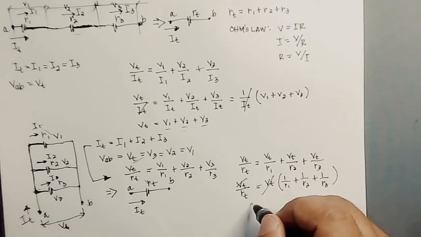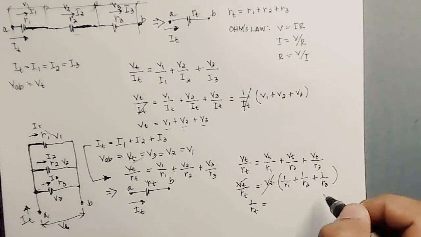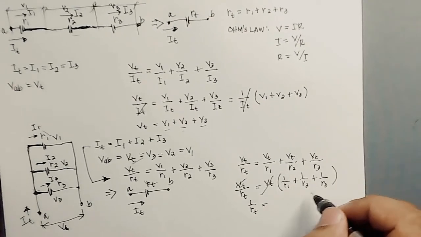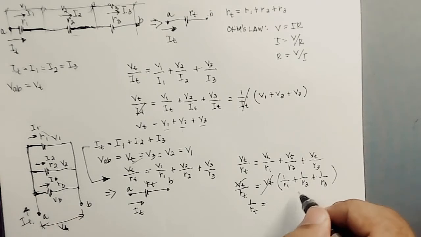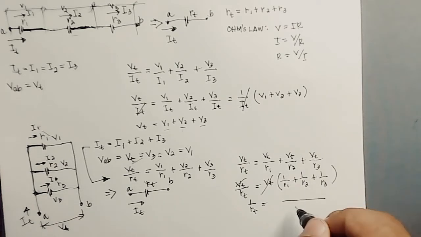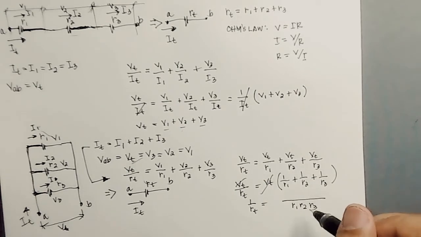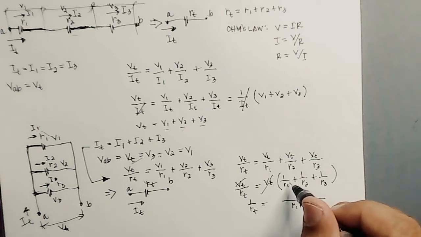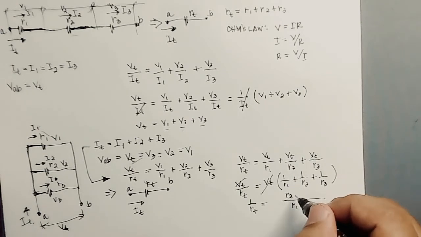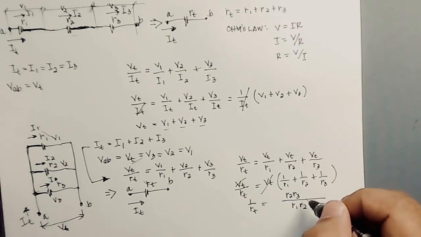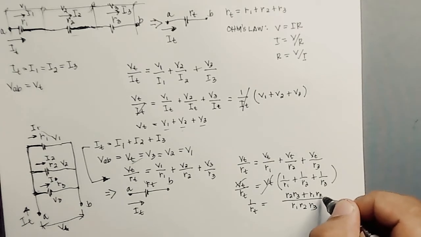So we just apply here fractions, in which you will notice that you have here the LCD of R1, R2, and R3. So you have R1, R2, and R3. Okay, so now if you divide this one to this first term, R1 will be cancelled out. So R2 and R3 remain. In this term also, what remains is R1 and R3.